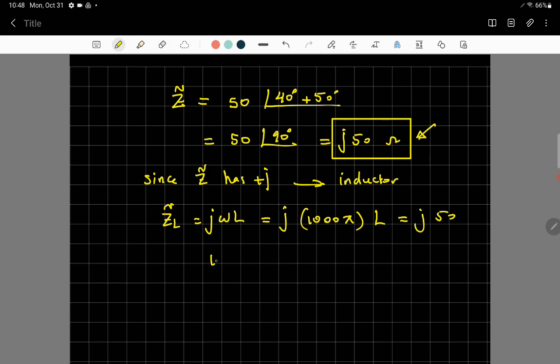So it means that 1000 pi L is equal to 50. So L is equal to 50 over 1000 pi. It's a small number, so I can multiply it by 1000 to get millihenry.